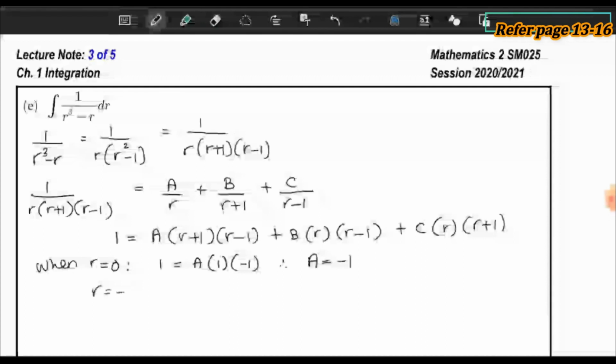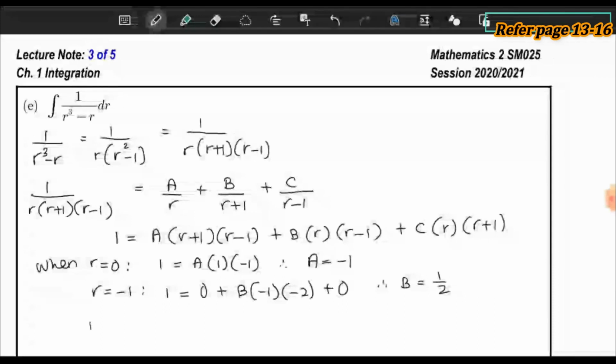Next, when r equals −1, the a part becomes 0. So we have 0 plus b times negative 1 times negative 2, and the c part is also 0. Therefore, b is half.